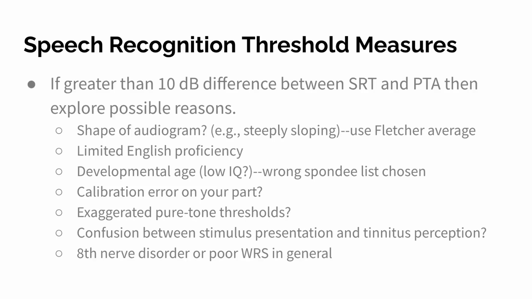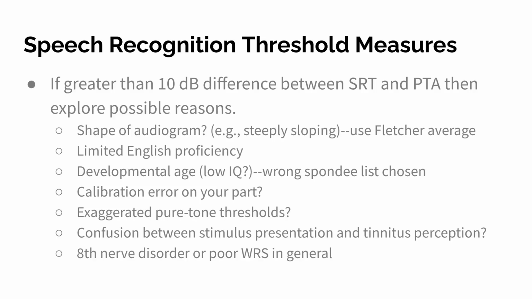If there's limited English proficiency, their SRT might be significantly worse than their PTA. If the developmental age is off, with low IQ, for example, you might have chosen the wrong spondee list. Maybe you've chosen the adult list when you should use a pediatric list. Is there a calibration error on your part? As I mentioned, the types of calibration errors in a previous slide. Are they exaggerating their pure tone thresholds?